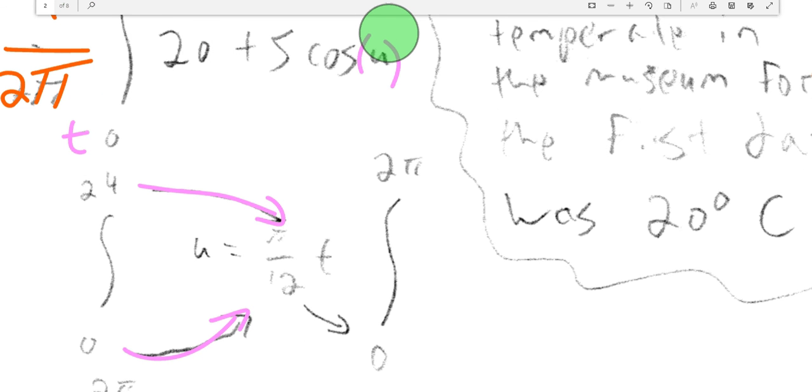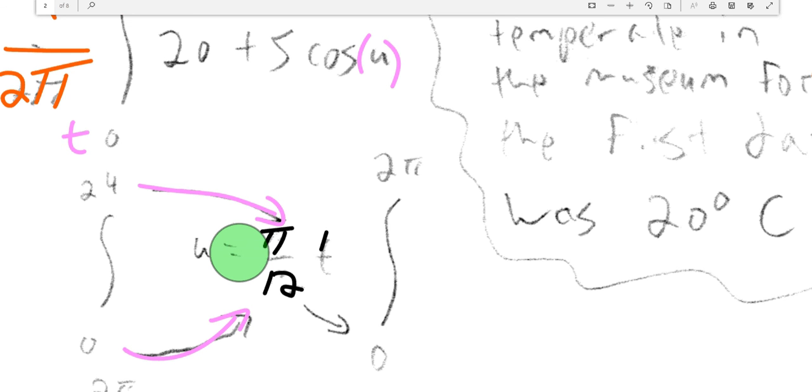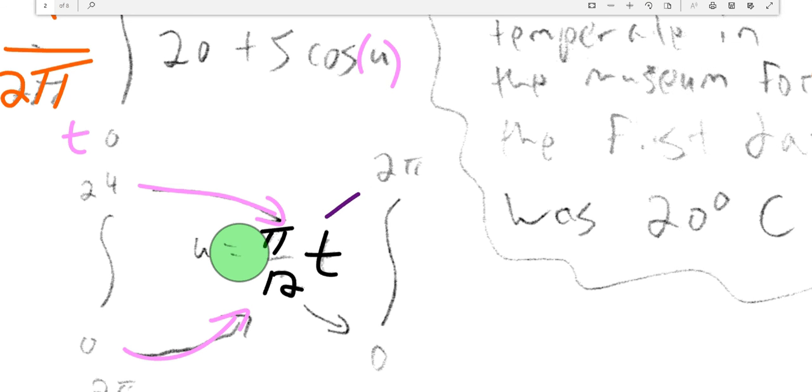So we're going to be plugging in our t values in for t right here to get new u values back. Okay, so let's go ahead and do that. So these should be in terms of u, since our formula right here is in terms of u.